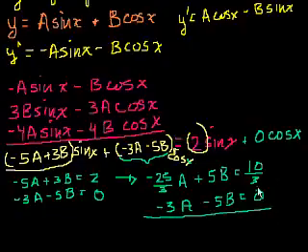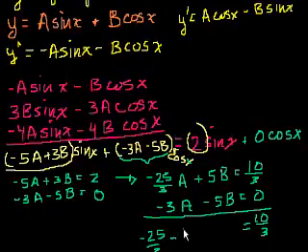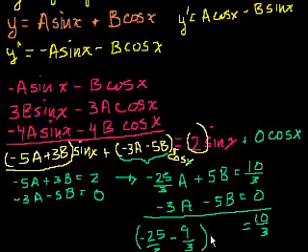Let's add the two equations. I get 10/3 is equal to, these cancel out. And that's minus 25 over 3 minus 9 over 3. Right? Minus 9 over 3a is equal to 10/3.